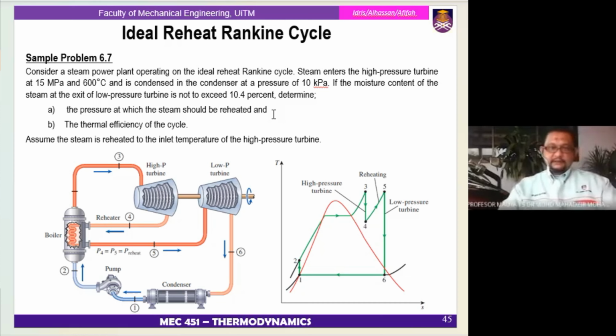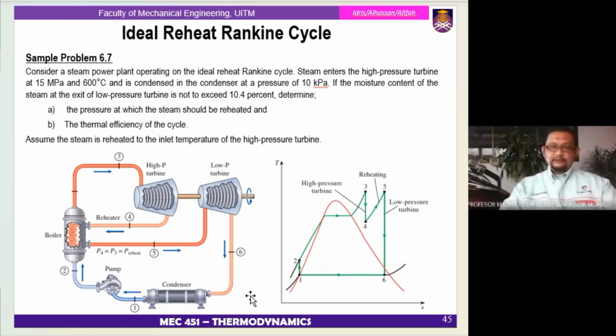Okay, actually this sample problem gives you the schematic diagram of the turbine reheat cycle system and also the TS diagram for the system. Maybe in the exam or in actual situations you don't have this diagram, but you have to think, analyze, and then draw the new schematic diagram based on the problem you want to solve.